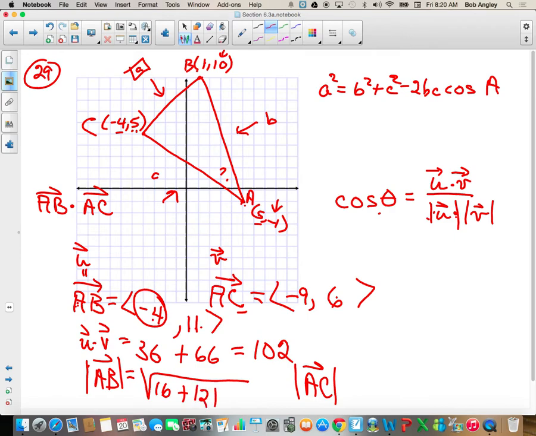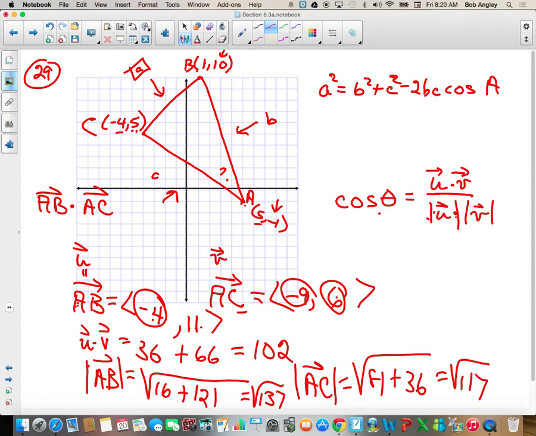So that's going to be the square root of 137. And then on AC, it's going to be the square root of this number squared right here, and then this one. And so that's going to be the square root of 117. And now we just have to put all of that in the calculator.